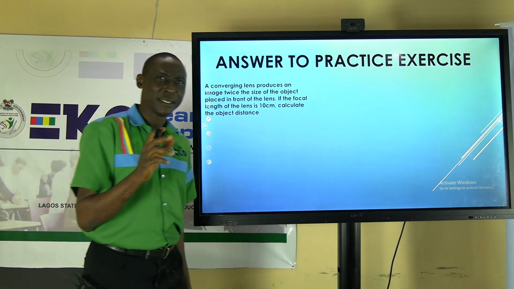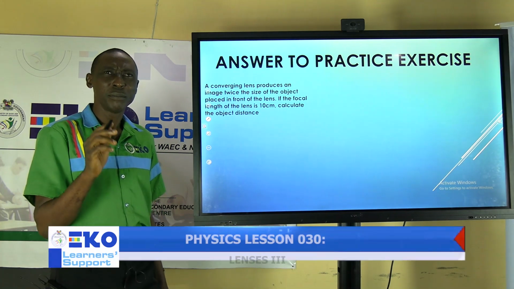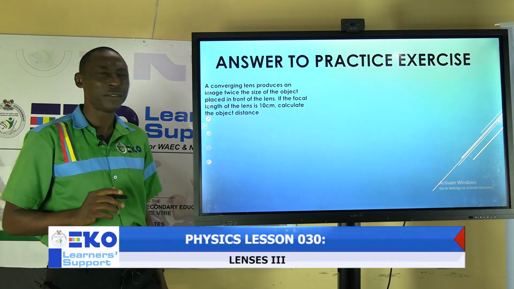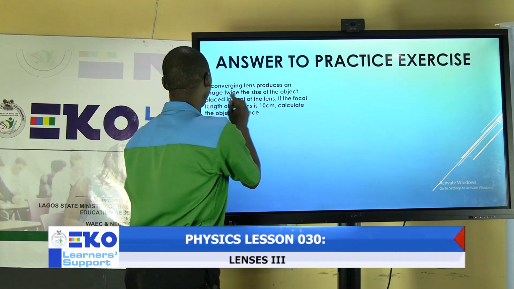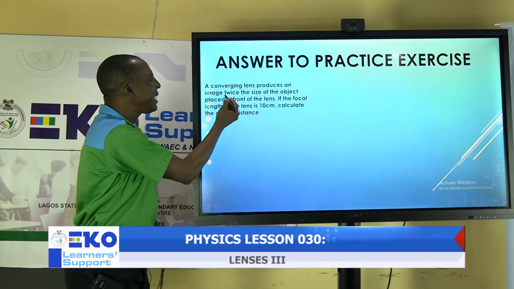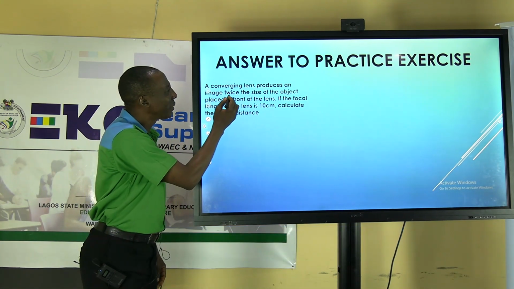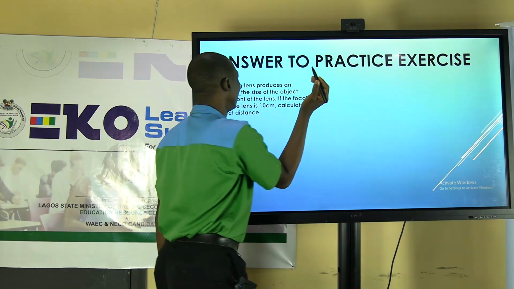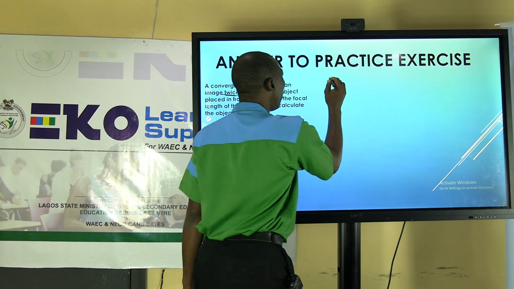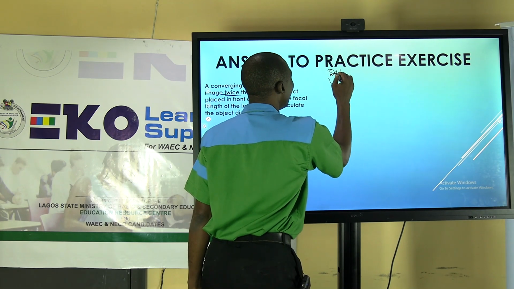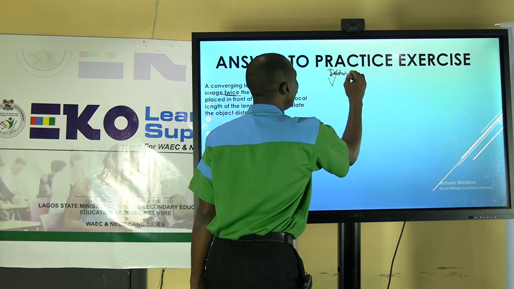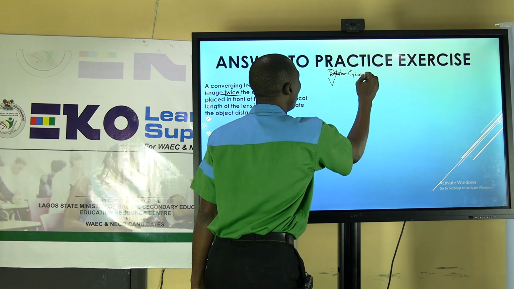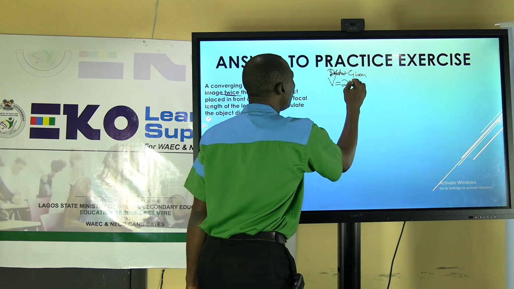Like I said, whatever you are given, number one is bring out your given data. It produces an image twice the size of the object. Very important, look at it. That means we don't know V, the image distance, but we are given that V is equal to 2U.